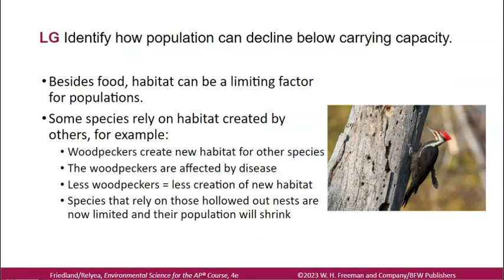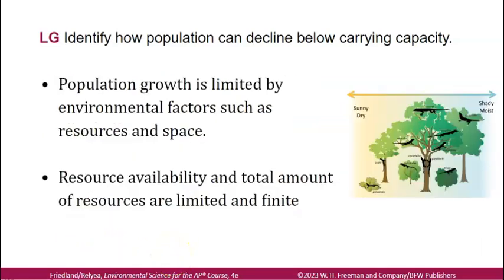Okay, so besides food, habitat can be a limiting factor. Some species rely on habitat created by others. So for example, woodpeckers create habitat. So when the woodpecker population declines, the things that live in those spaces, like some bugs and insects, their populations can decline as well.